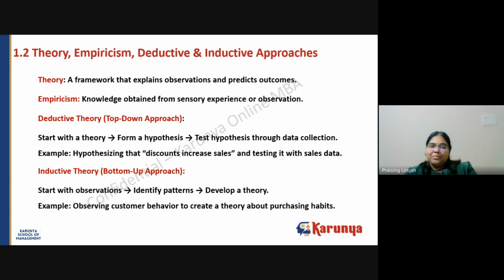Whereas in an inductive approach, we say customers are buying only after getting SMS alerts, which means you identify there is a pattern which is followed and then build a theory based on that pattern, which we call the inductive approach. Moving next are the key concepts that make business research work.